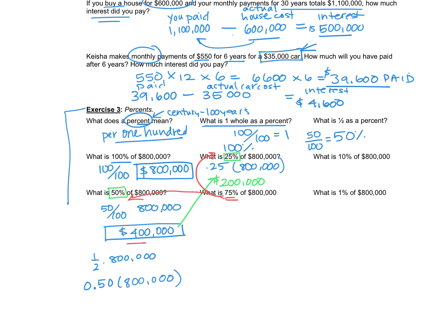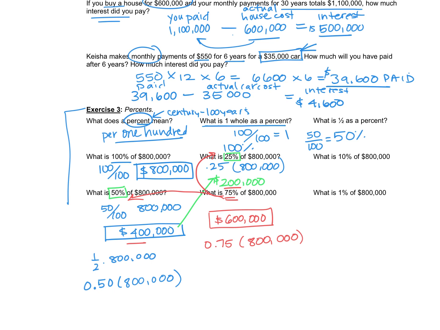So 400,000 plus 200,000, it's going to be $600,000. Again, with a calculator though, you could say 0.75 times 800,000. That's the chunk we're talking about. So the 75% of 800,000, it's a pretty big chunk.